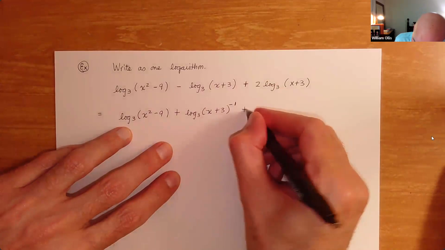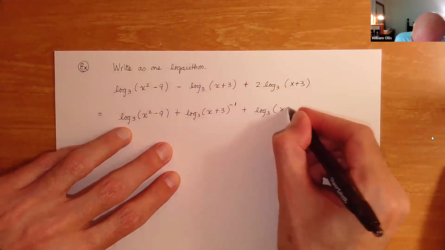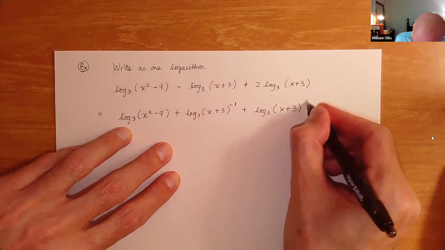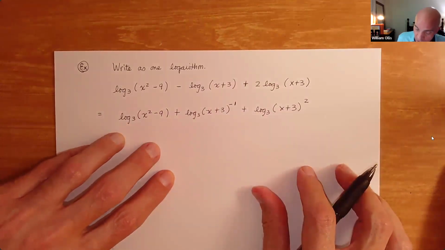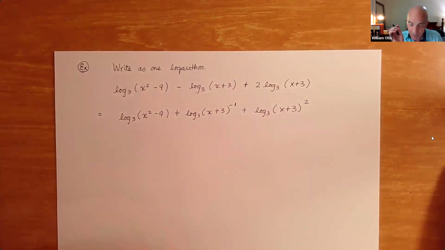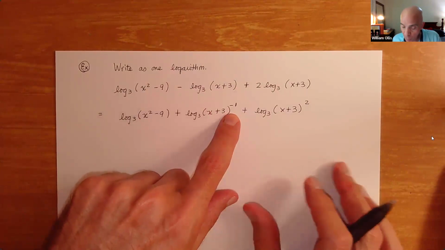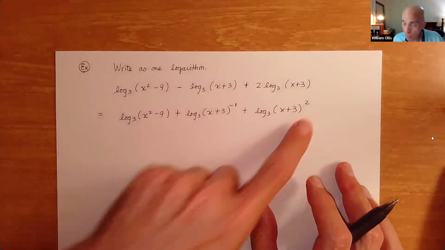Then plus base 3 logarithm of x plus 3 quantity squared. So we see we're going to get some collapsing here. But notice now, we've moved the negative up, so we have a power of -1. We move the 2 up, so we have a power of 2.